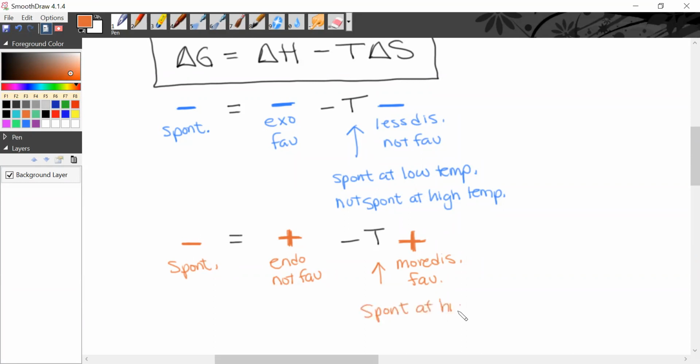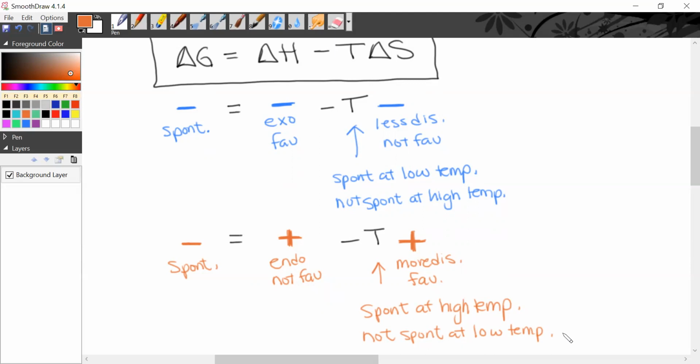at high temperatures. Do not memorize these 4 sequences, right? Just use your brain and your logic and plug in pluses and minuses. And so this will be not spontaneous at low temperatures. And some of you might be like, well, what's high and what's low? What qualifies?